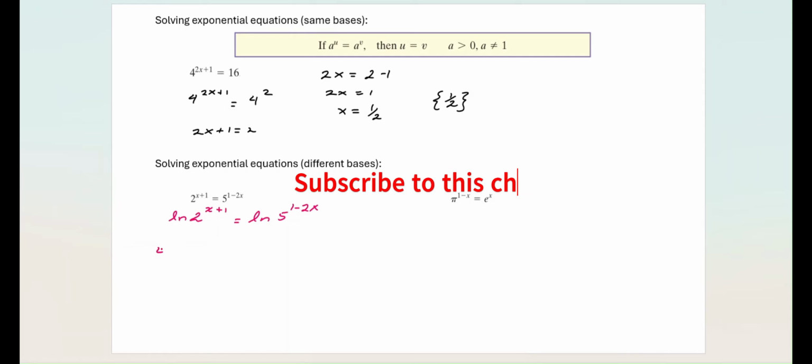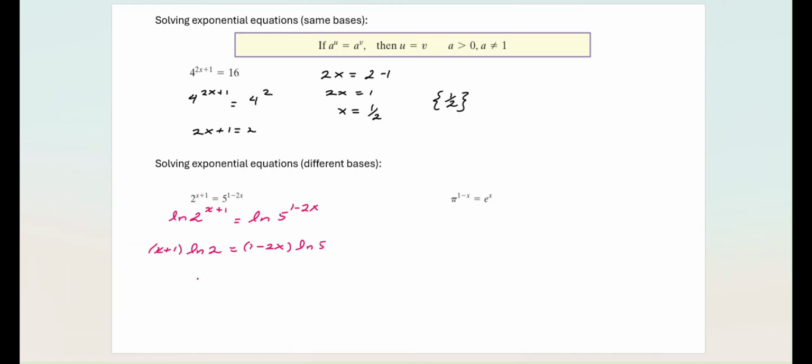So I can say that x plus 1 times the natural logarithm of 2 is equals 1 minus 2x times the natural logarithm of 5. We now apply distributive property, so we say x times the natural logarithm of 2 plus 1 times the natural logarithm of 2, which is natural logarithm of 2, is equal to 1 times natural logarithm of 5, which is natural logarithm of 5, minus 2x natural logarithm of 5.